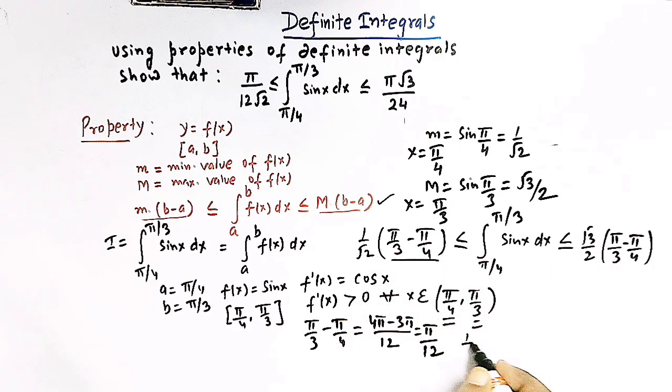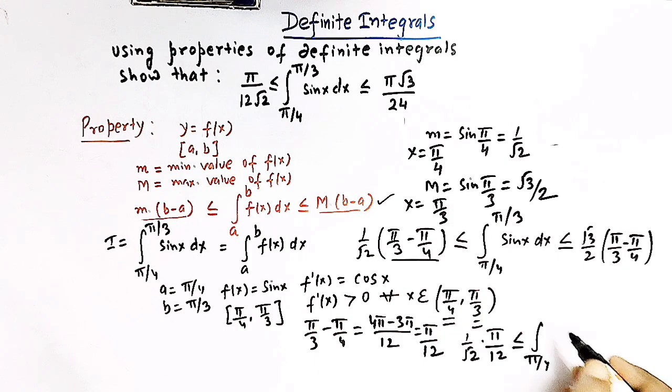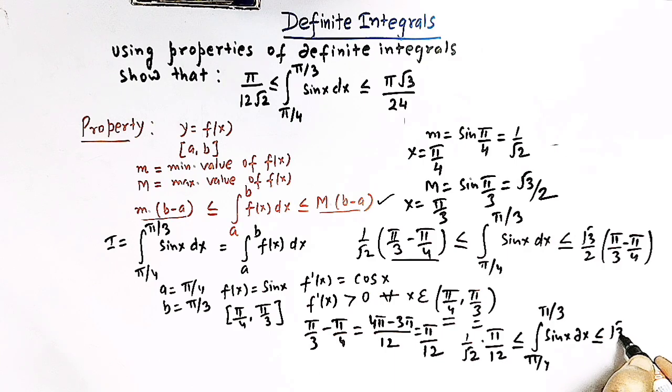be written as 1 over square root of 2 times pi over 12, and then we have the integral pi by 4 to pi by 3 sine x dx, and here we have square root of 3 over 2 times pi over 12, right?